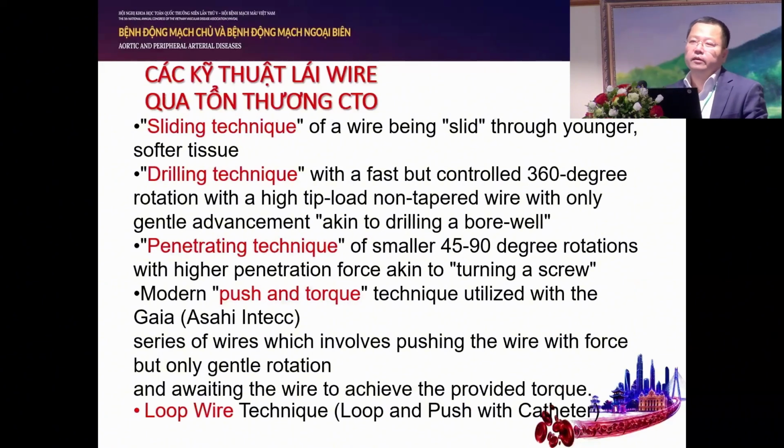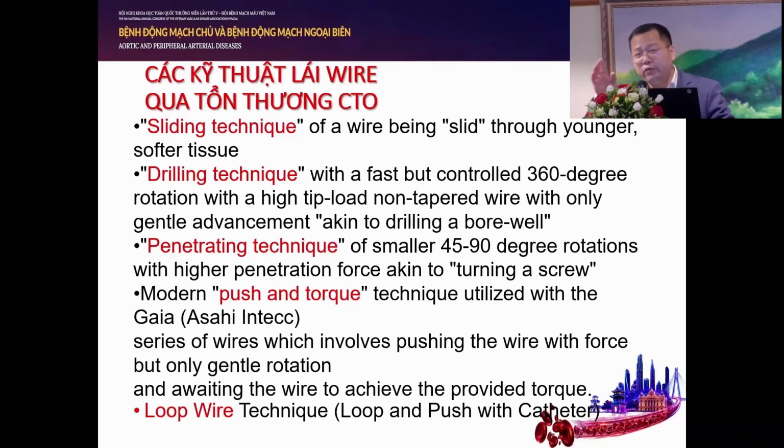Almost all of us are interventional doctors, so we have to do a lot of coronary interventions. So we always want to cross the lesion with this technique, but sometimes in peripheral, especially in SFA CTO cases, antegrade is very difficult.